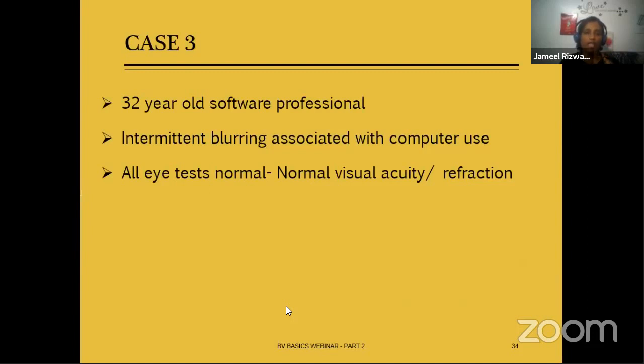And then the third case that we saw last time was this 32-year-old software professional who came with intermittent blurring associated with computer use. This is very, very common among all technology users, including you and me, everybody. Again, no significant refraction for this patient.